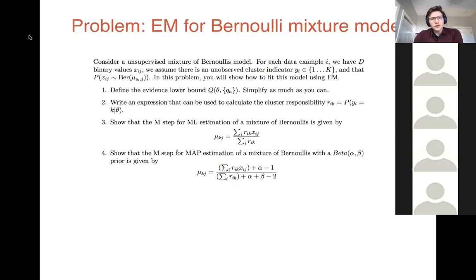Hi, everyone. Before we start the group session today, it looks like there was some confusion about question 1 from the assignment on deriving EM for the Bernoulli mixture model. So I thought I would go through it here.